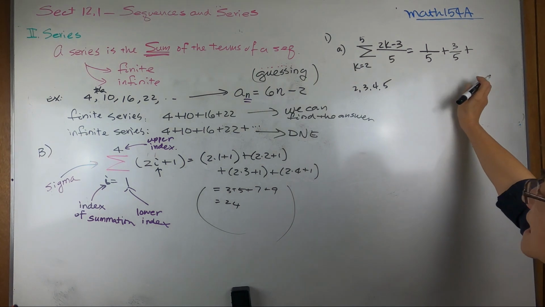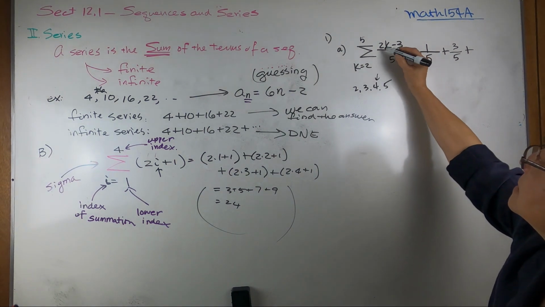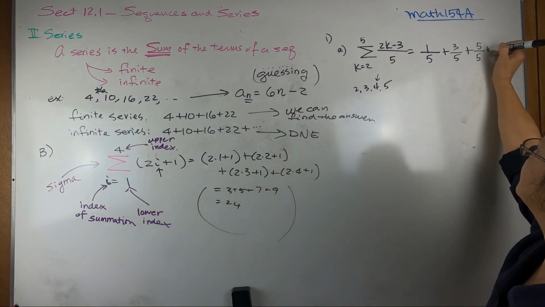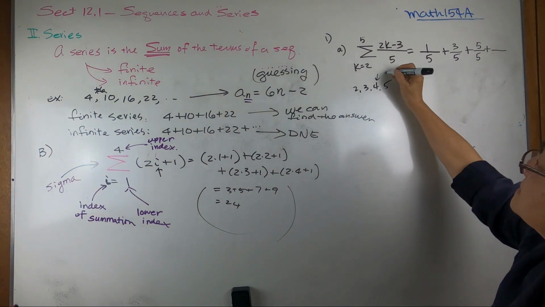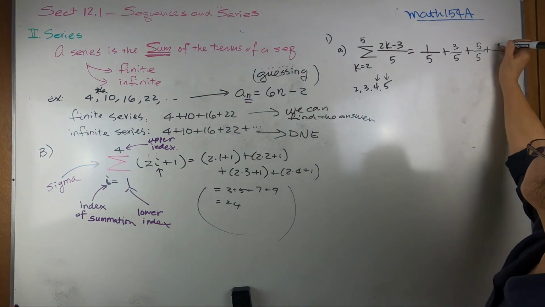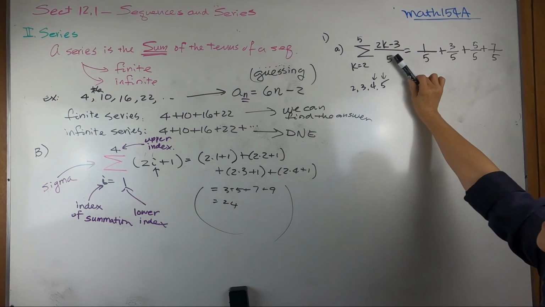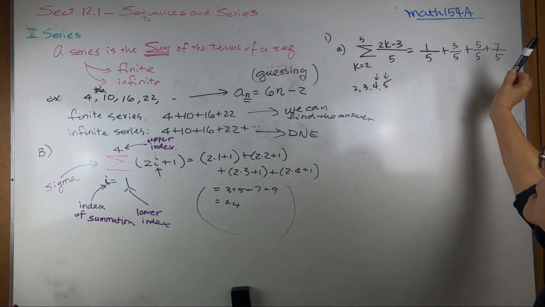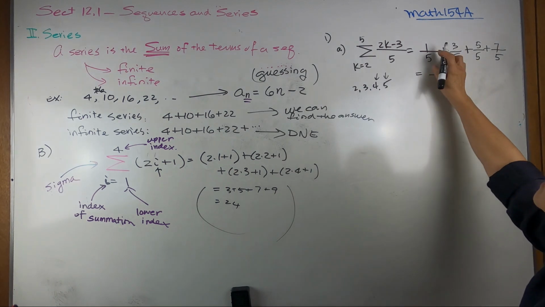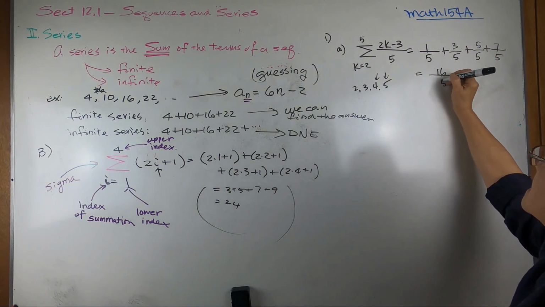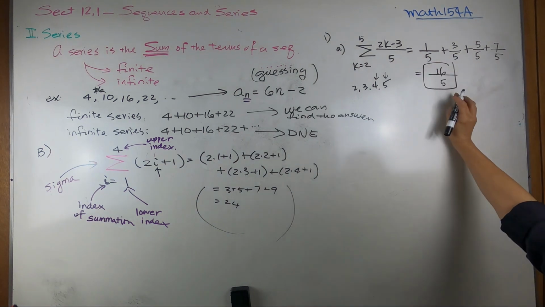Then next term, 2 times 4, 8. 8 minus 3, 5. 5/5. Then next term, k is 5. 5 times 2 is 10, and it's 7/5. So this notation means this. Then the result is 1 plus 3 plus 5 plus 7, 16. So your answer should be this one.